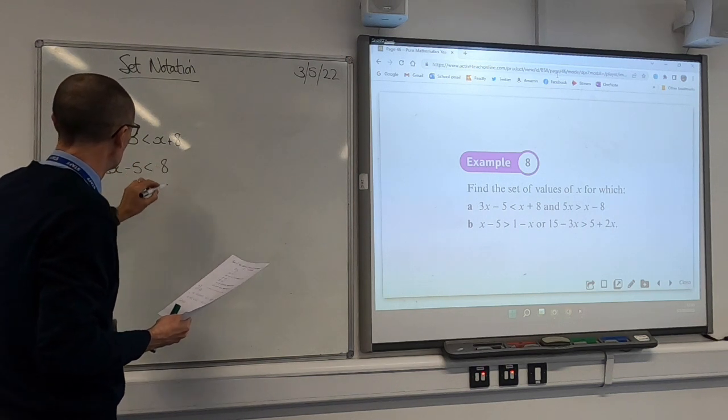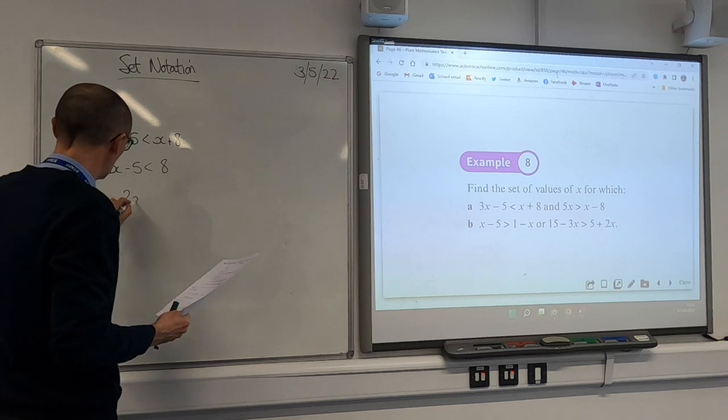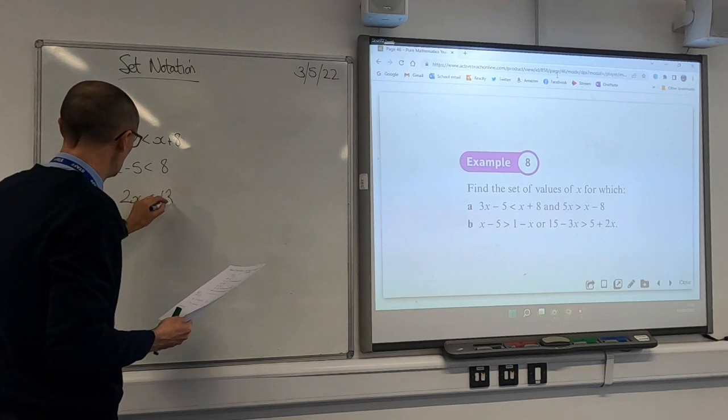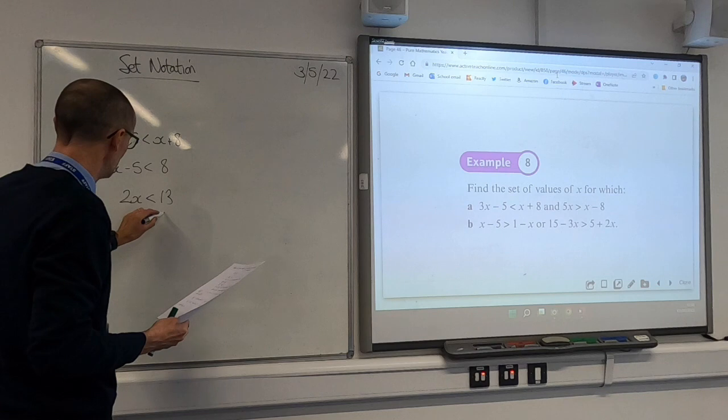So we just treat them as an equal sign, except if we have to multiply or divide by a negative number, which isn't an issue here.